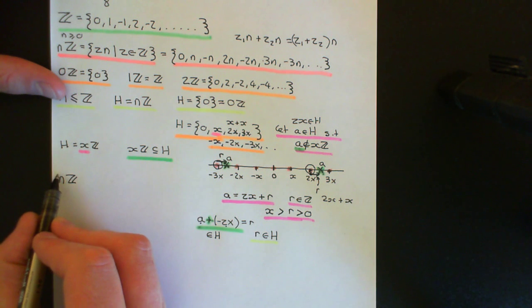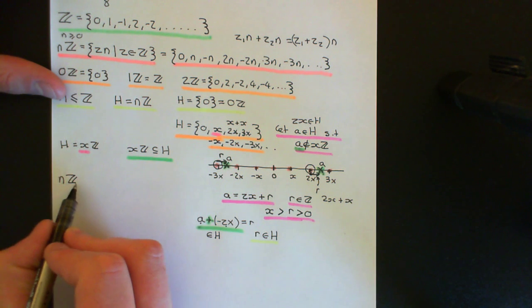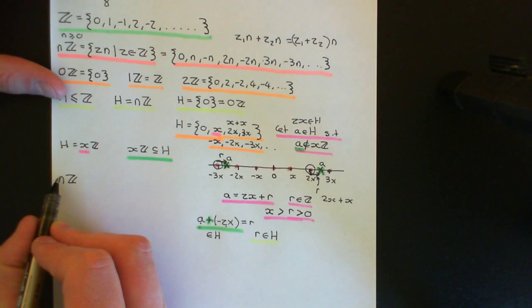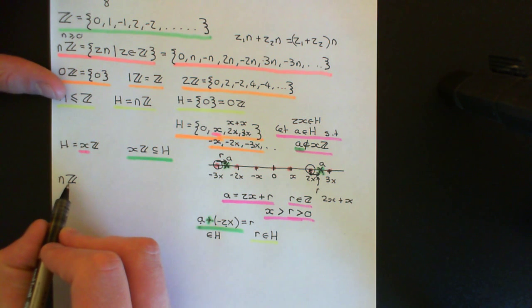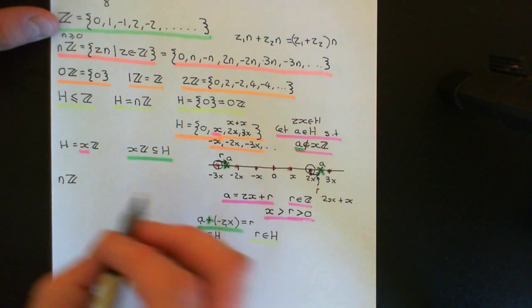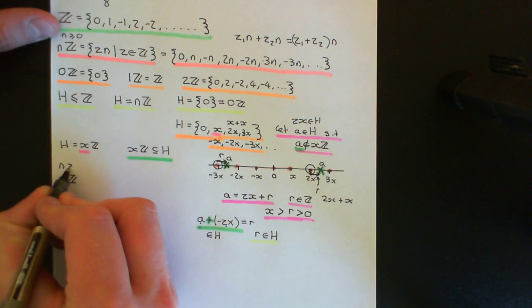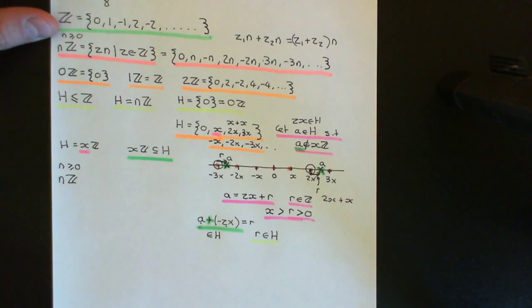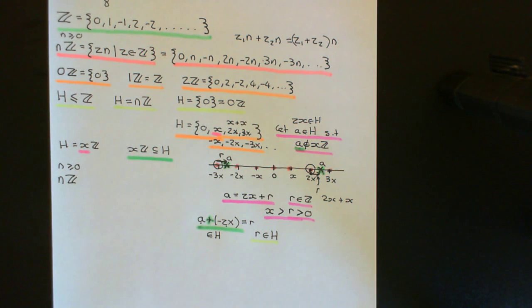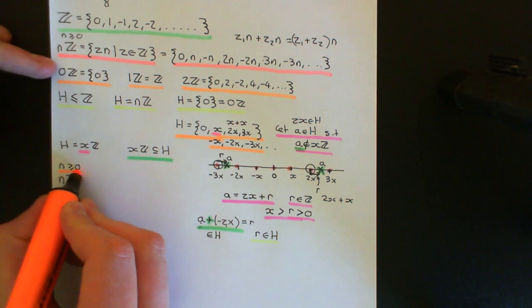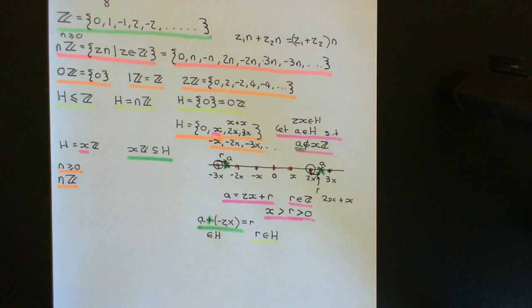If you think about n equal to -1, that will actually give you the exact same subset as n equal to 1, and the same with an arbitrary negative n. It will give you the same as just n times z. Okay, so we don't need to worry about n being a negative number. We only need to go over n non-negative, and that will capture all of these possible subgroups. Okay, so these are all of the additive subgroups.